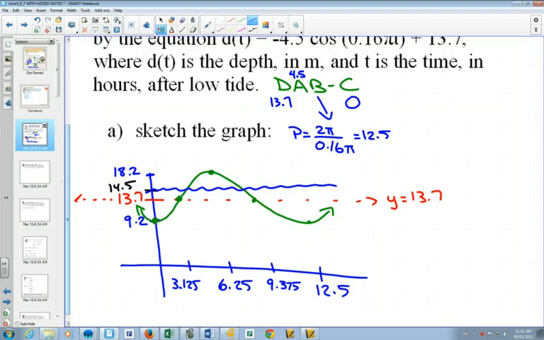Can you see that it's only going to be safe in this section here? Because that's when the water is deeper. So we need to figure out when that happens. We need to figure out what time it is there and what time it is there in order to solve this.